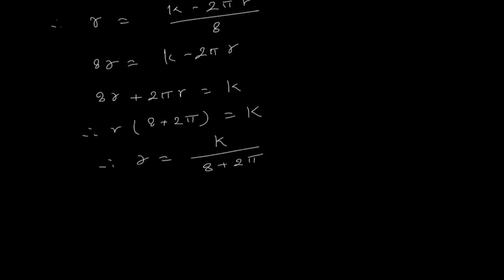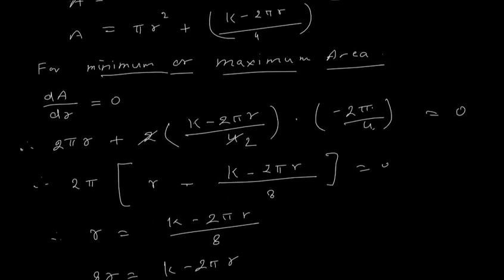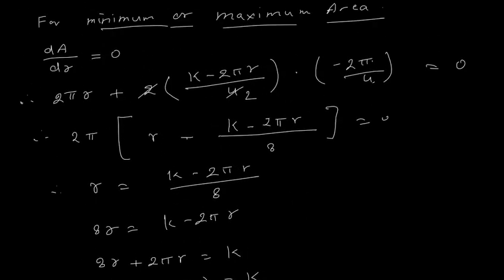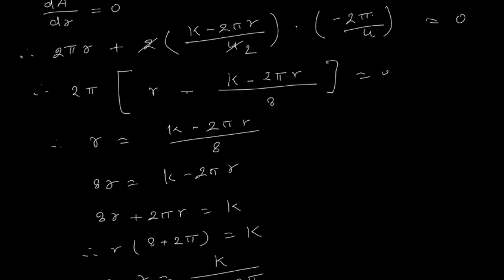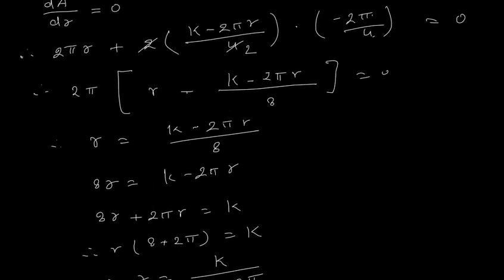Okay, so I will find d square A upon dr square. Now for that, dA upon dr is 2 pi r plus ..., so derivative of 2 pi r is 2 pi. Then we have minus 2 pi upon 8 is constant, so I will write minus 2 pi upon 8, and derivative of k is 0 and derivative of minus 2 pi r is minus 2 pi.